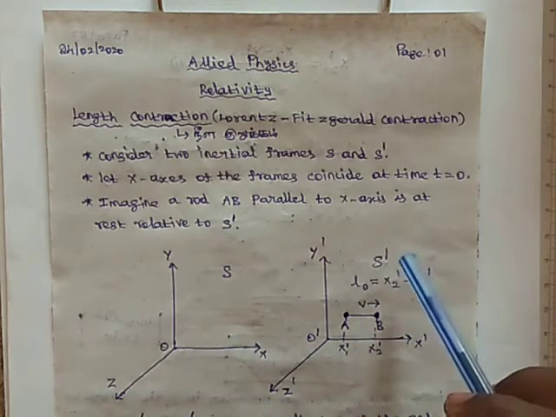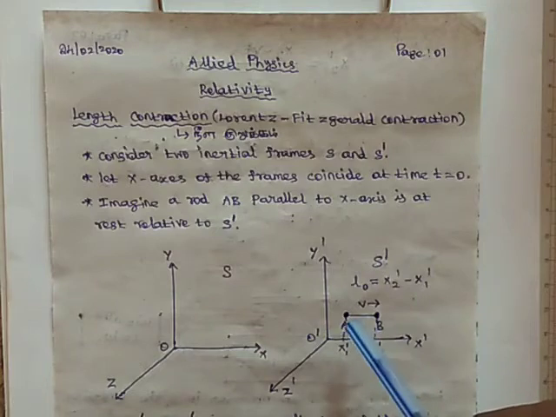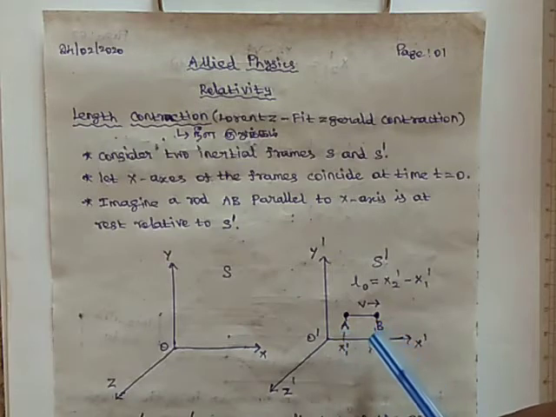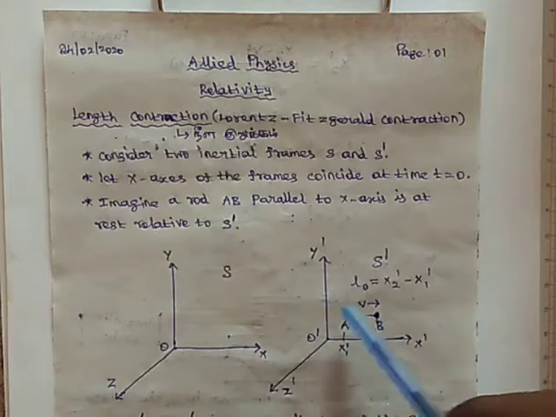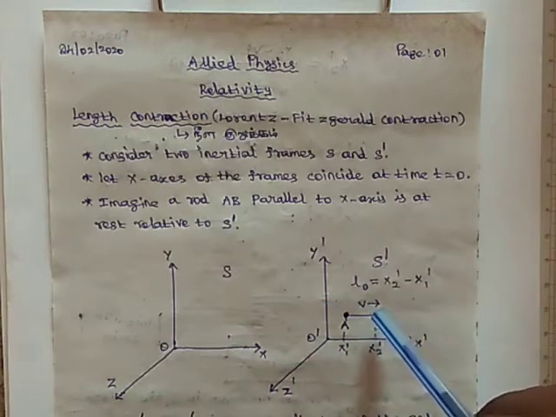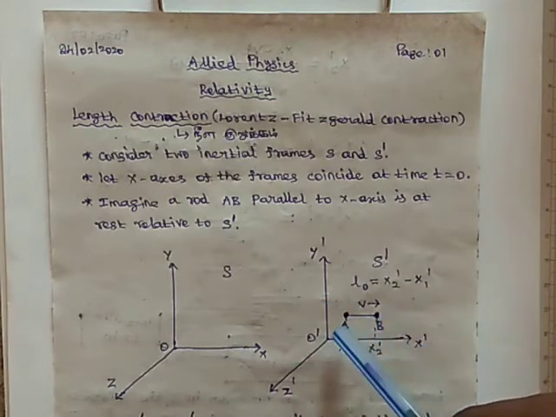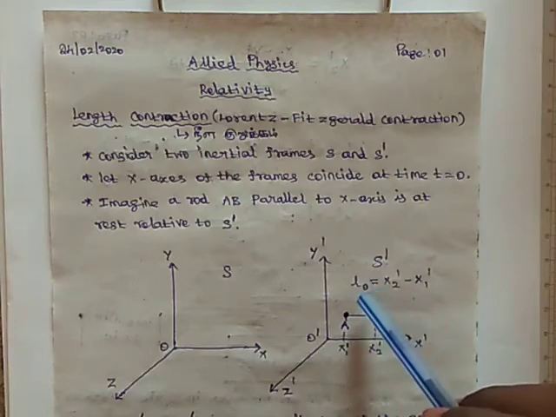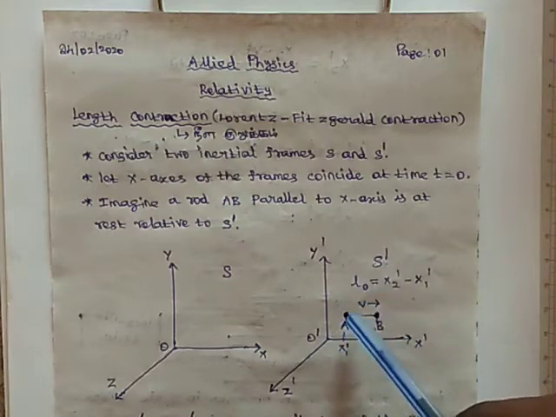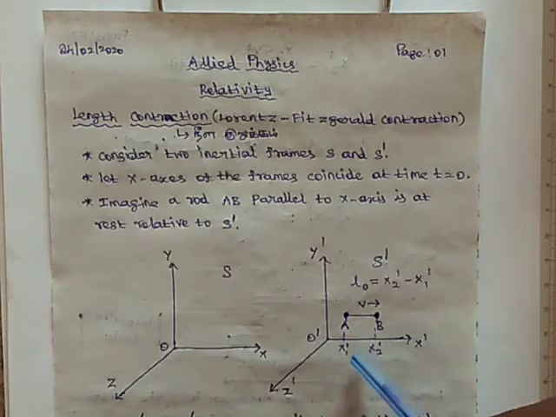In this S prime frame, consider a rod of length AB. That is, one end of the rod is A, another end of the rod is B. This frame is considered to be moving with a constant velocity v. So the length of the rod is termed as L naught. If this coincides with the x-axis, this is x1 prime and this is x2 prime.